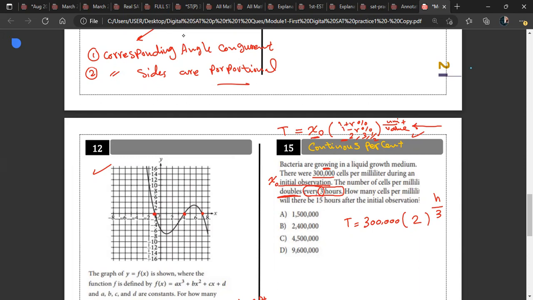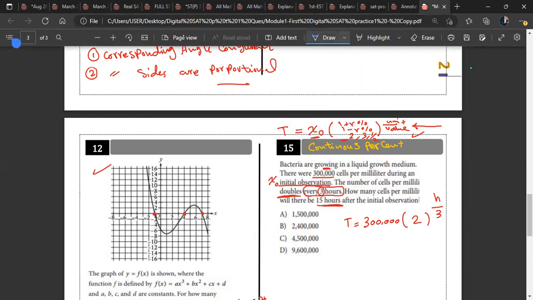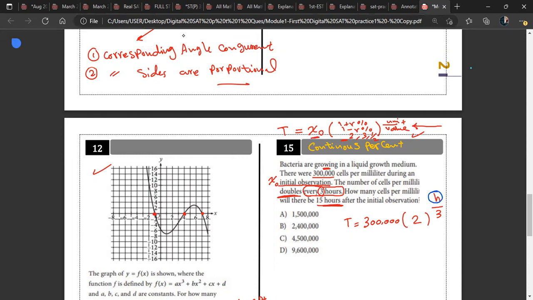Now what is required? How many cells per millimeter will there be 15 hours after? Replace h by 15. He asks you after 15 hours, after the initial observation, how many cells?